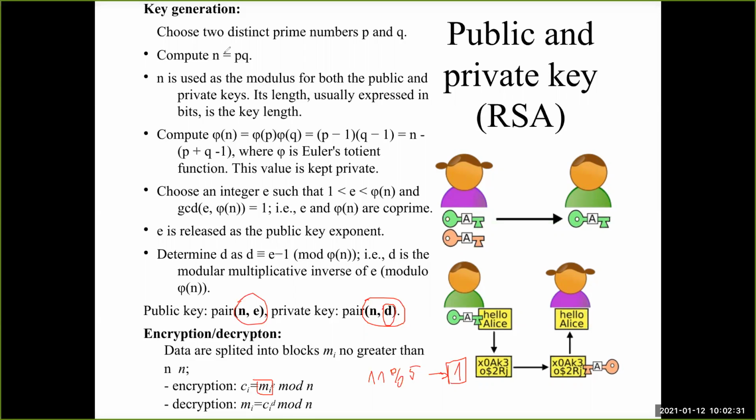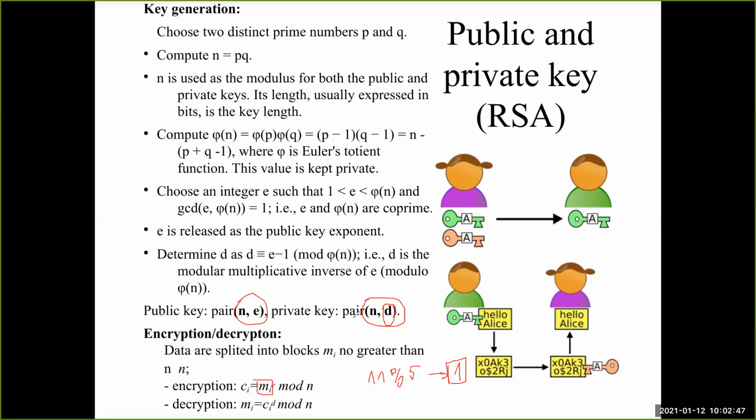One of these keys is called a private key and the other is called a public key. In fact, which one is public and which one is private depends on some agreement.